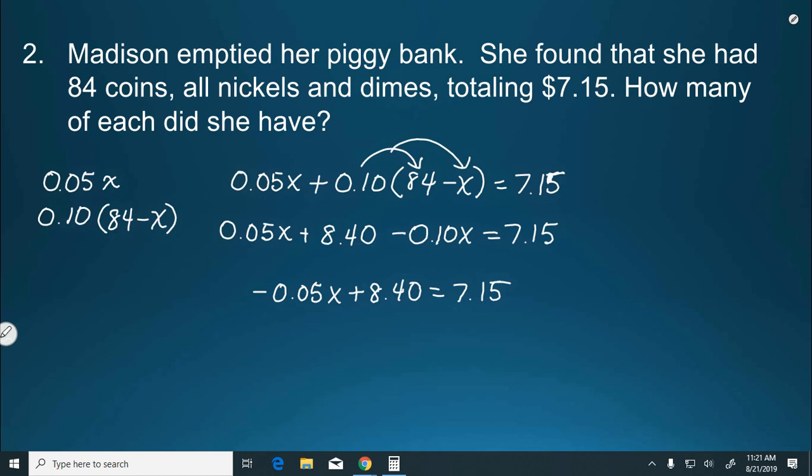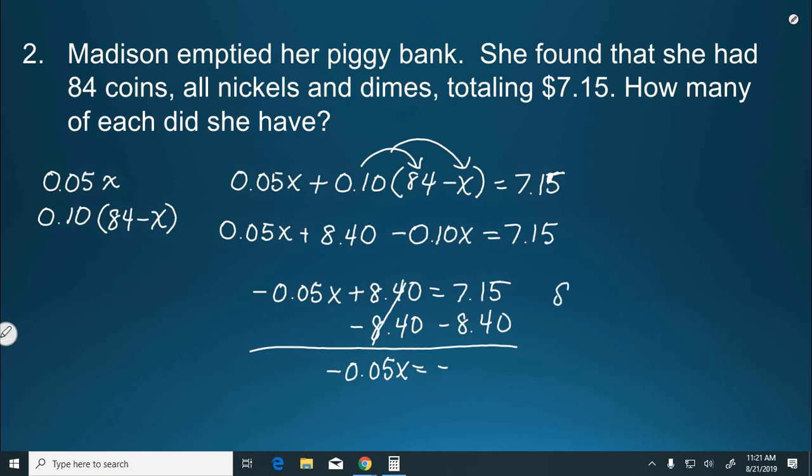Then we're going to subtract 8.40. And we get negative 5 cents x equals negative 1.25. Let's do it reversed. 8.40 minus 7.15, and then keep the negative. 10 minus 5 is 5, 3 minus 1 is 2, and 8 minus 7 is 1. So it's negative 1.25.